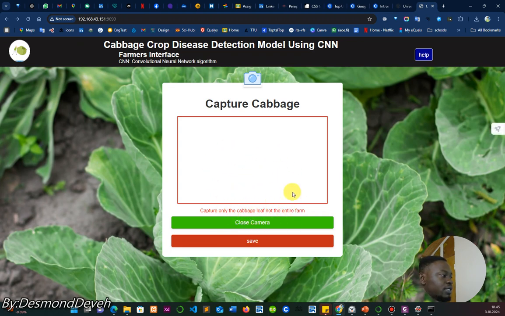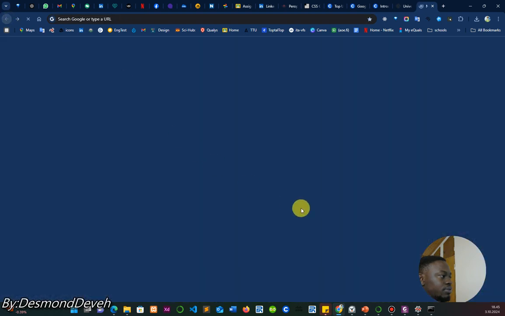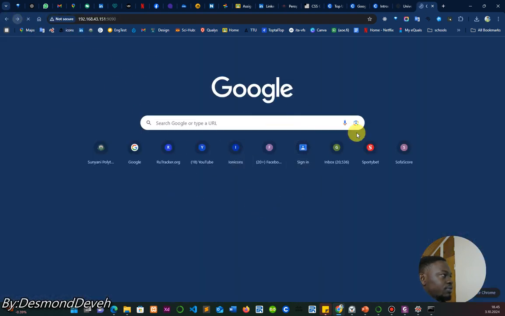My camera is not working now because I am using the camera to do the recording, so it won't be able to give access to the camera again. In this case, you should be able to take a real-time picture of the image and then save it. As soon as you save it, it should be able to predict for you and get the results of what you want.